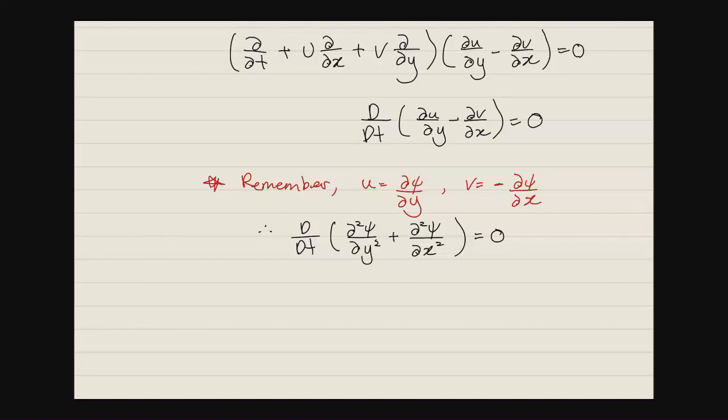Okay, can anybody tell me, have you all seen this operator before? Del squared over del x squared plus del squared over del y squared. It's actually delta squared. So this is delta squared, and it's the Laplacian operator.